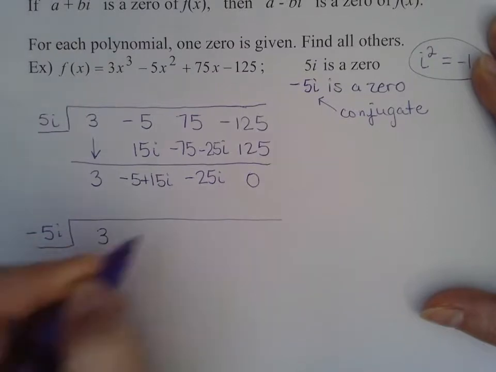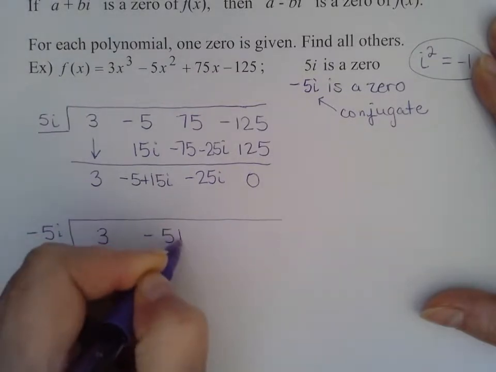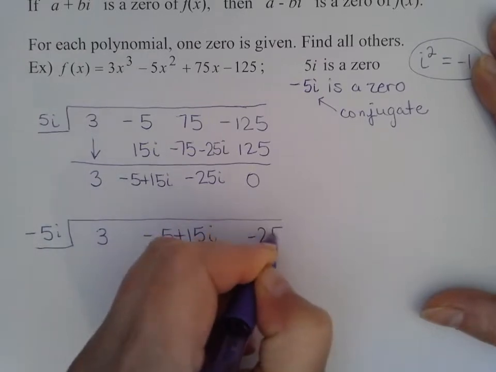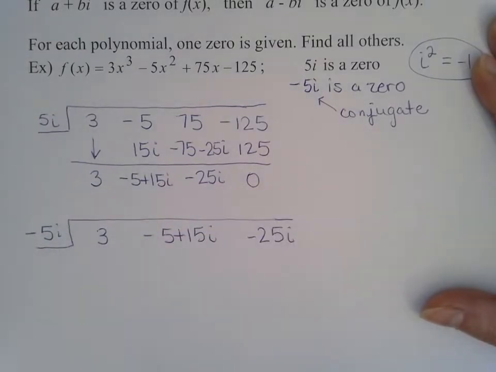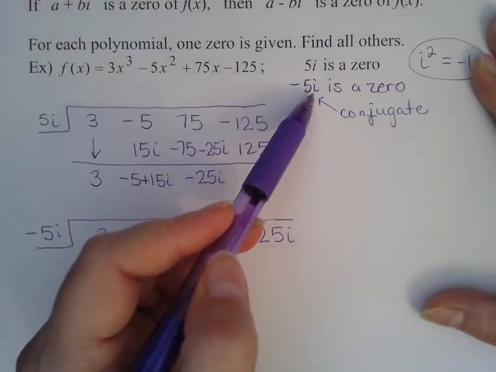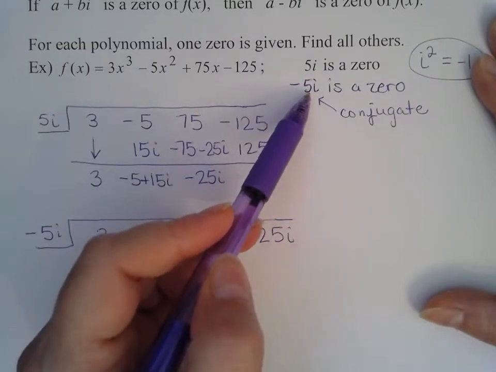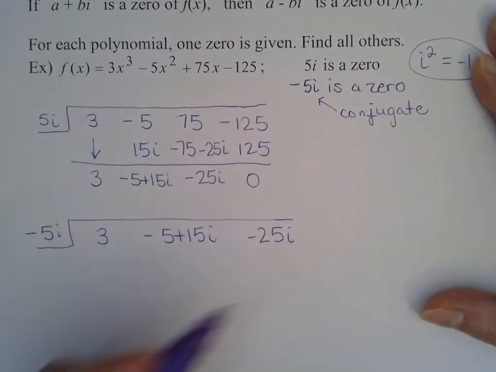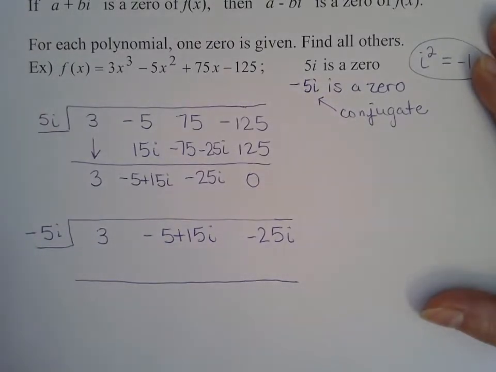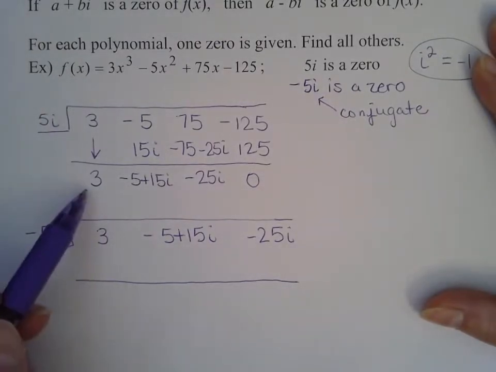And I'm going to space them out a little better this time. So I'm dividing further because I want to be able to divide out these two. These two are zeros. I want to divide out the factors that are associated with them and see what's left over.